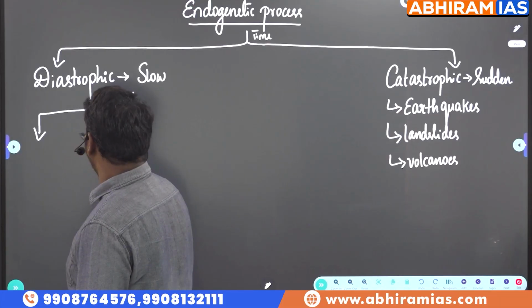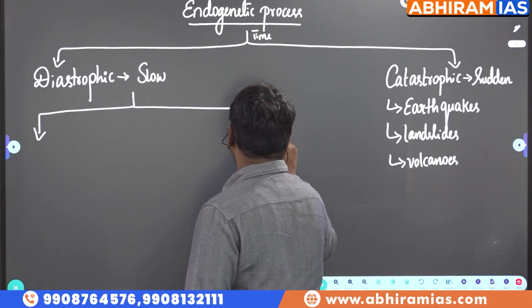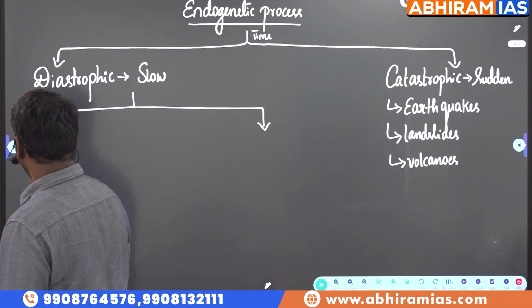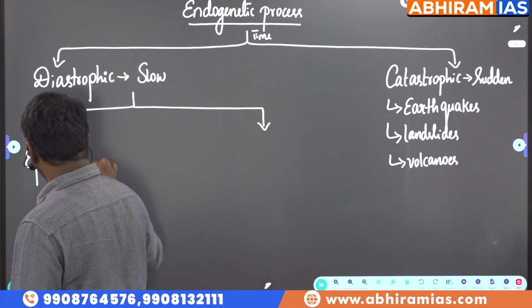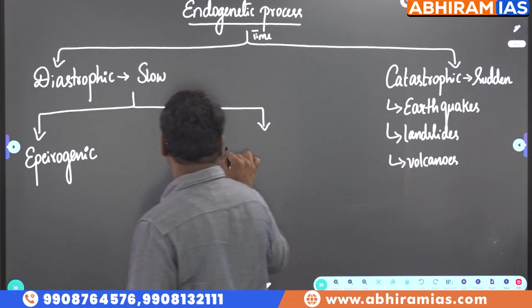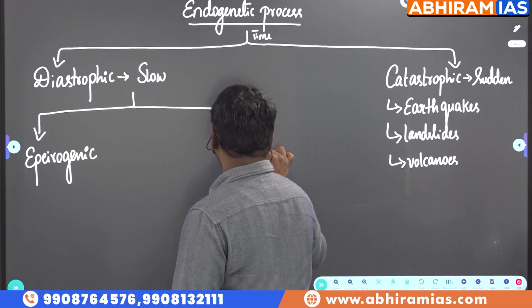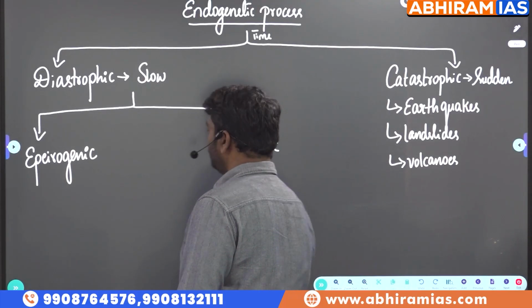This slow process is further divided into two. What are the two terms? Epeirogenic, orogenic. Okay.